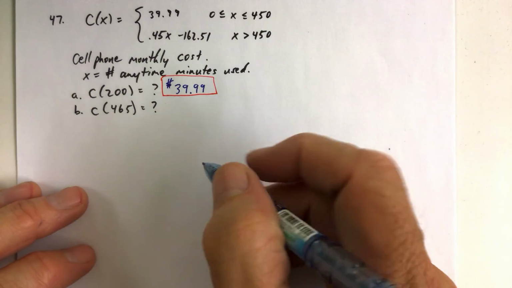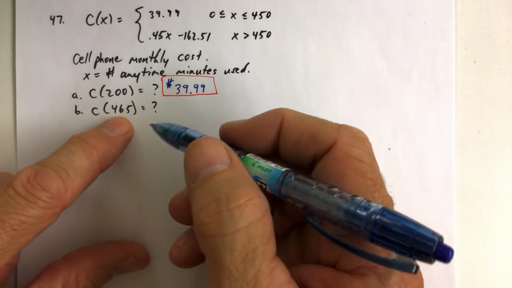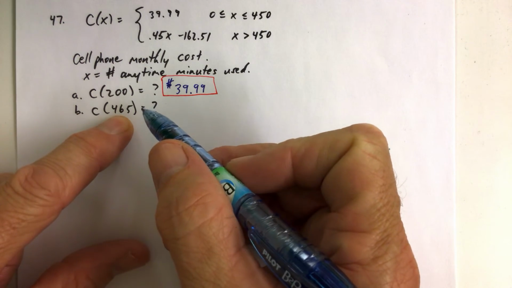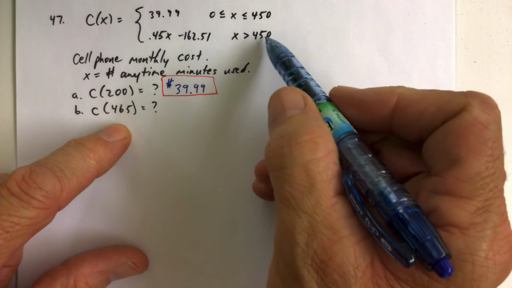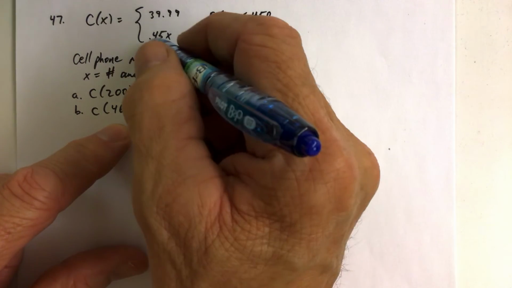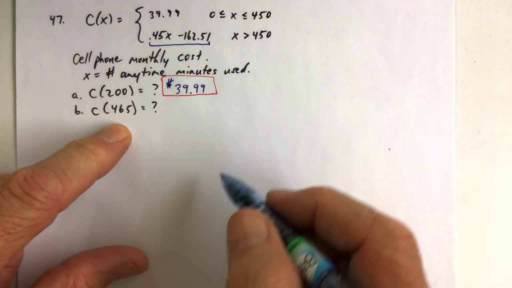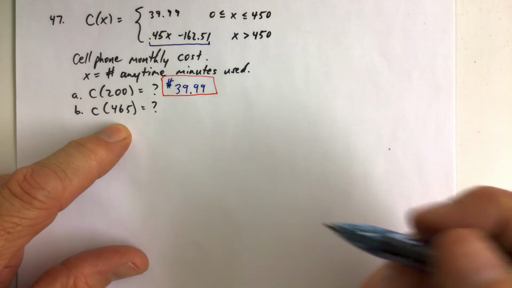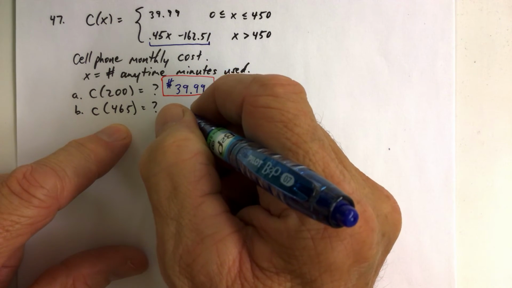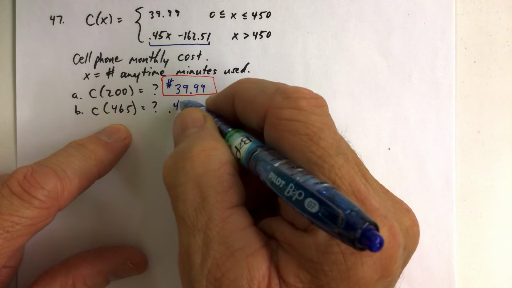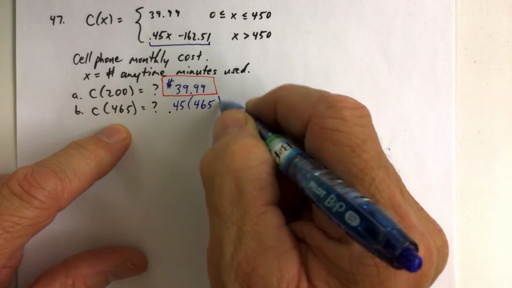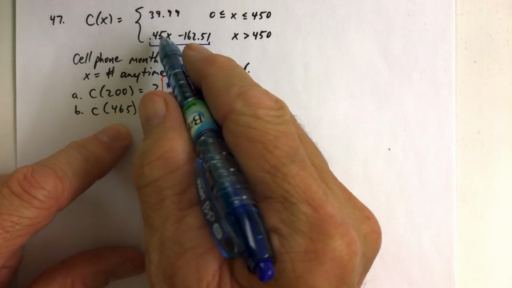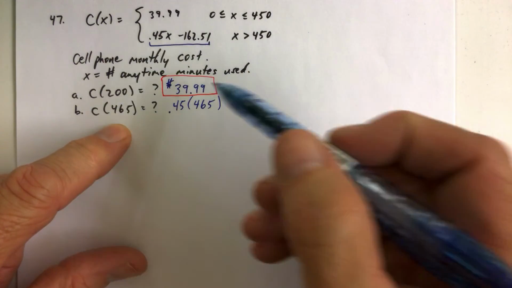Anyway, the cost if you were to use 465 anytime minutes: clearly 465 is greater than 450, so now we have to use the second piece of this piecewise function. You'd want to write it out, not just solve it without putting the numbers in. You would take 465 multiplied by the 0.45, and the problem itself explains it.